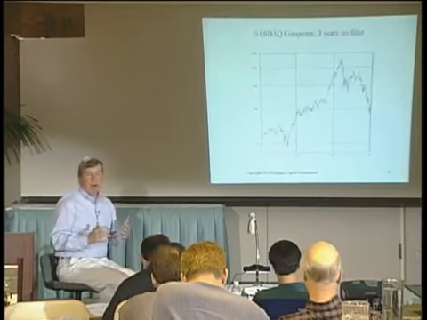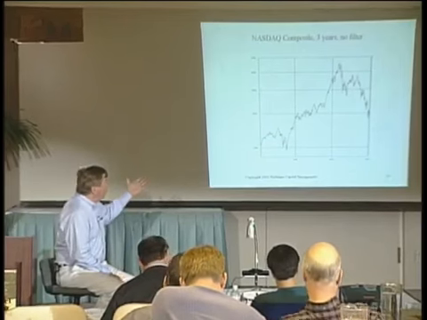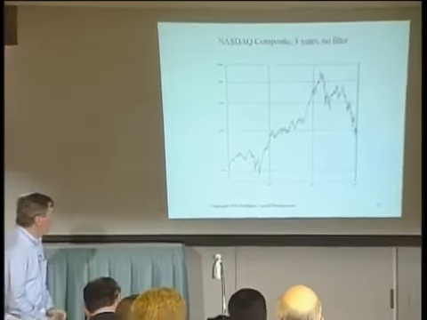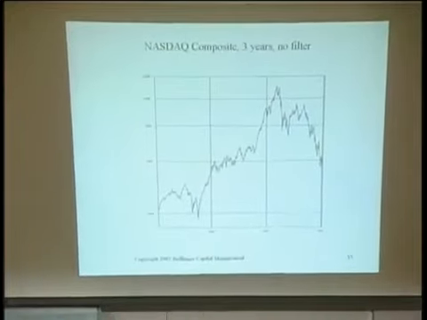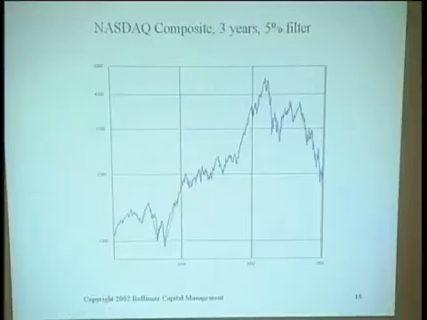To give you an idea of what filtering means, I'm going to use this illustration of the NASDAQ composite. It's 3 years' worth of price action. It has no filter employed whatsoever. I'm going to start with a very small filter, and I'm going to increase the filter size, and we'll see what happens. So there's a very small filter. It's a 5% filter.